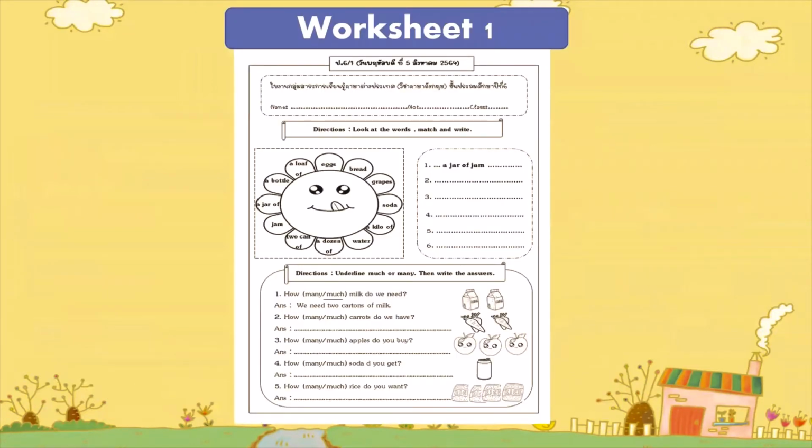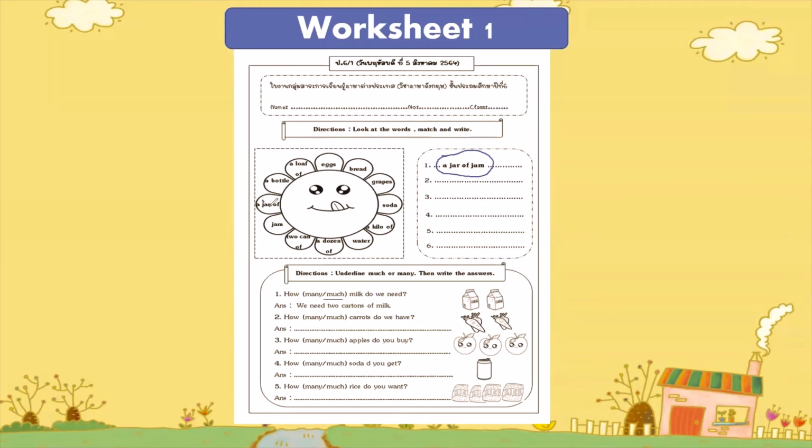This is our worksheet number 1, everyone. Directions: look at the words, match, and write it. As you can see with number 1, the example, a jar of jam. Where is a jar of jam?